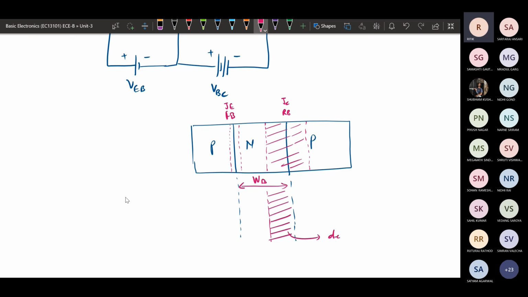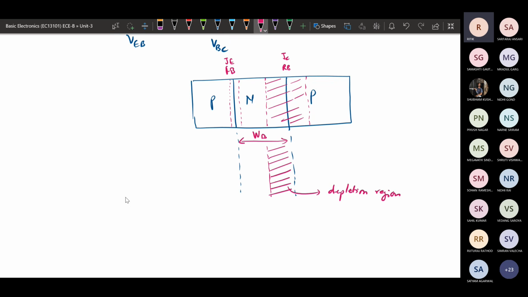This is the depletion region. The effective base width that remains is this, W dash, and this will be your depletion width.